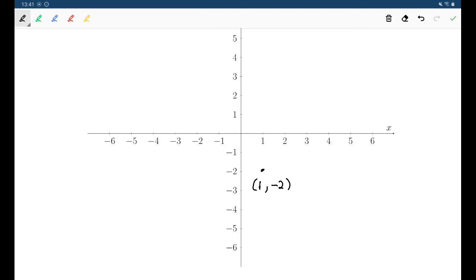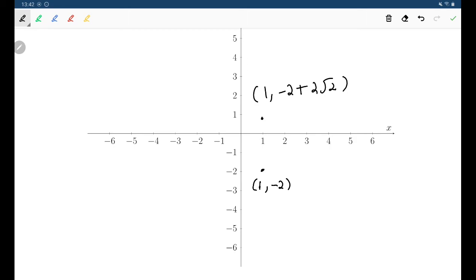So, as I said, the radius of 2 root of 2, that's almost 3. It's a little bit less than 3. So we'll be going a little bit less than 3 units above. So 3 units above would bring you to the point 1, 1, so we'll be a little bit less than it. And so what did we do? We started at the point 1, negative 2, and in the y direction we went up by 2 root of 2.